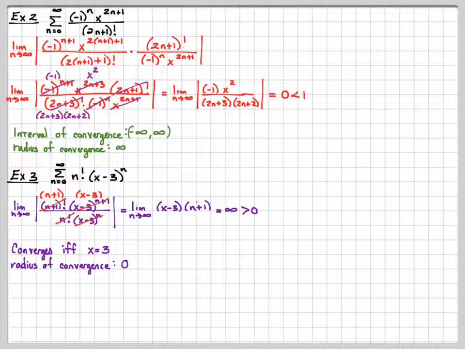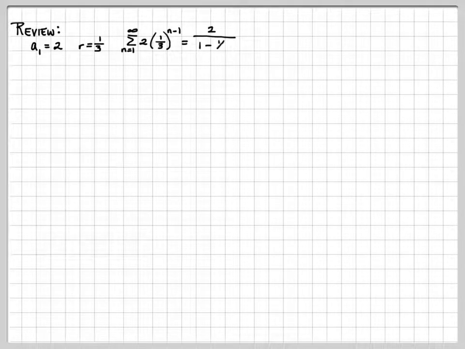The next thing we're going to go to is recognizing a power series in function notation. Okay, if you notice, a1 is 2, r is 1/3, and the sum, you can rewrite that as the sum from 1 to infinity, 2 times 1/3 to the n minus 1 equals 2 over 1 minus 1/3.